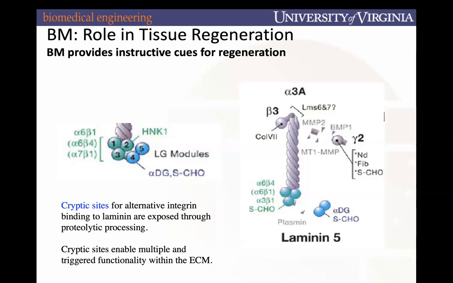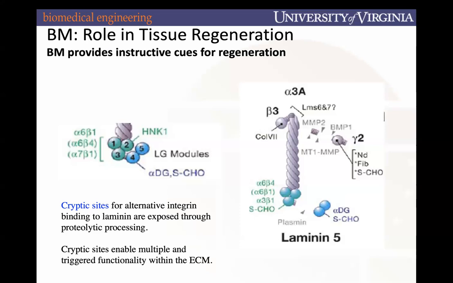Rather than focusing on the different LG modules, the different integrins that are bound, what those different integrins do, I want to draw your attention to is that on our ECM proteins, there is one version of it that is available to our cells that induces a response, but then sometimes there's a cryptic site that is hidden that becomes available that induces a totally different response.